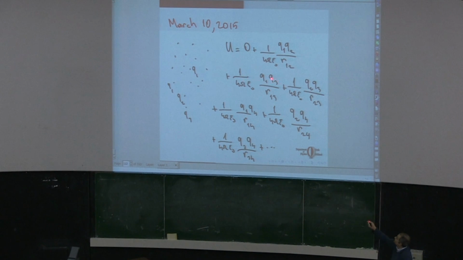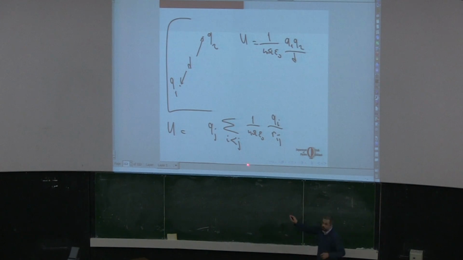When I'm bringing Q3, I have Q1 and Q2. When I'm bringing Q4, I have Q1, Q2, and Q3. If I would bring Q5, I would have Q1, Q2, Q3, and Q4 terms. So this notation makes sure that in this sum I only have contributions from Q1, Q2, Q3 up to Qj, not including Qj.